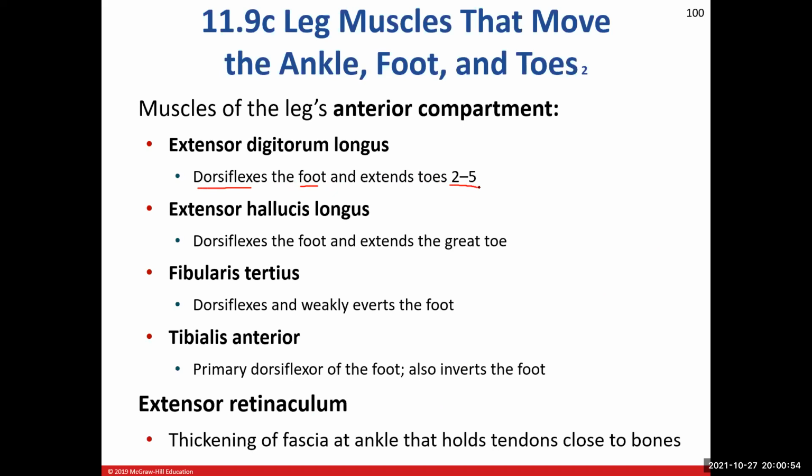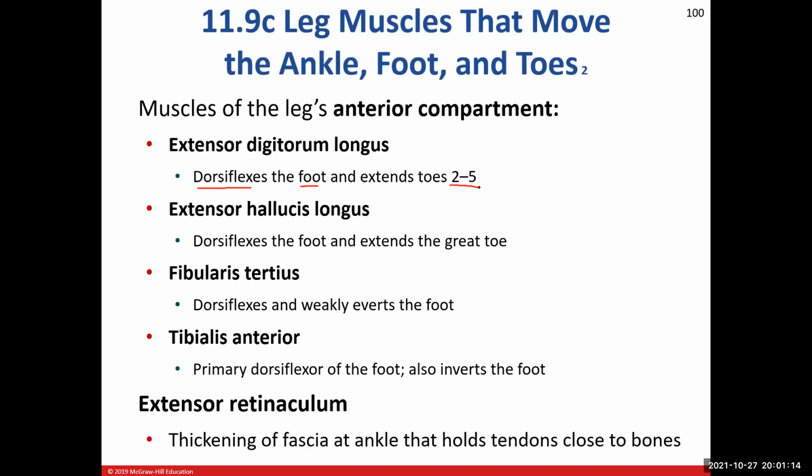When we're talking about extension, basically your foot is flat and you try to raise your toes up to the ceiling. That's extension. Dorsiflexion is when you try to bring the top of your foot as close to your shin as possible. That is dorsiflexion.